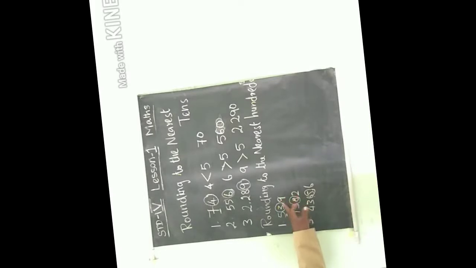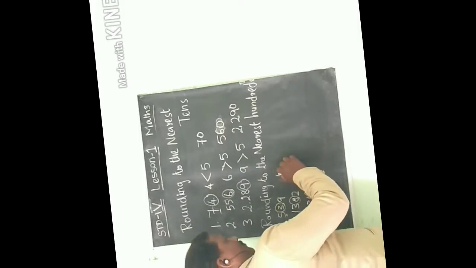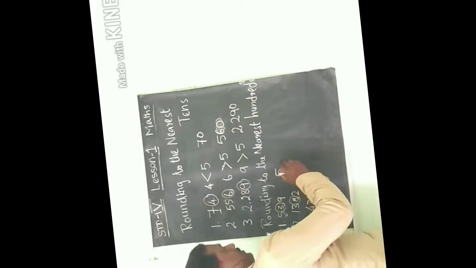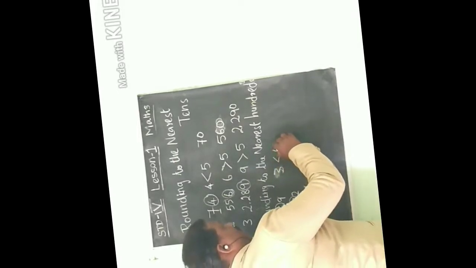Okay. Come to this position. Now ones, tens. This is the 100 position. Now we want to round the number to the nearest 100. This is 100, so 3 is in the nearest 100 place. How to round the number? So 539. Nearest 100 means 500. Compare: 3 is less than 5.